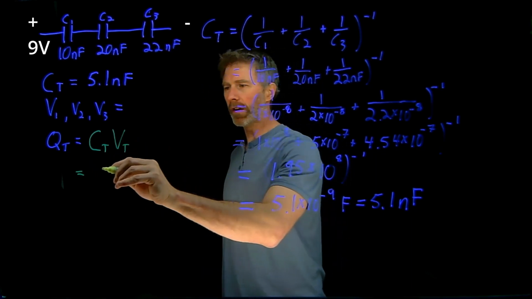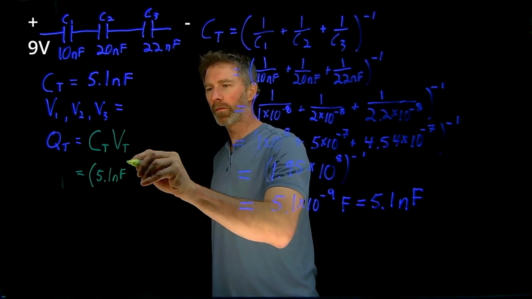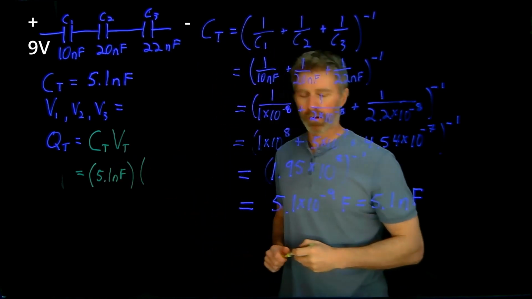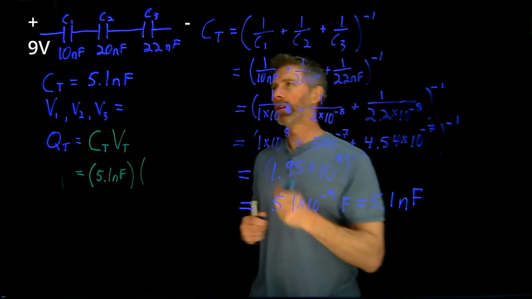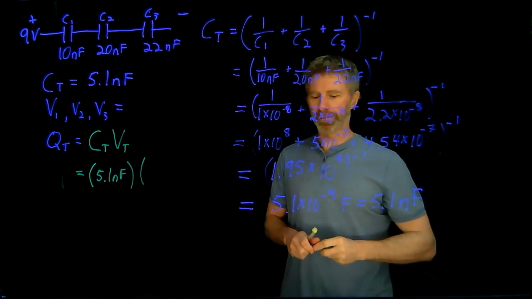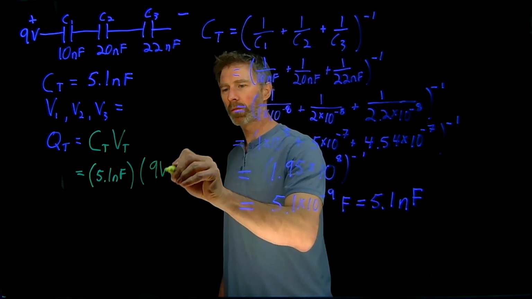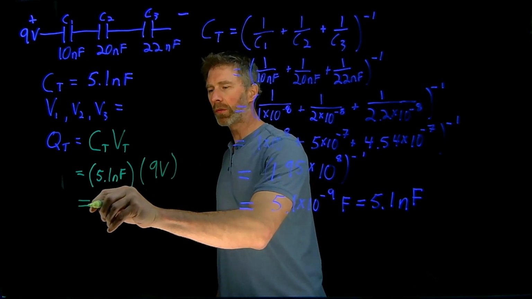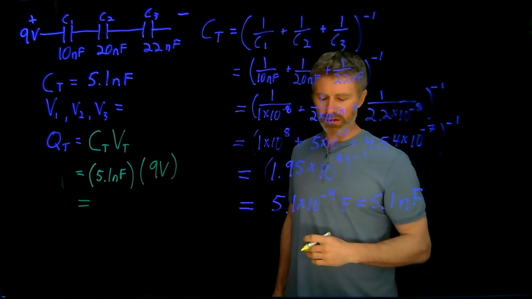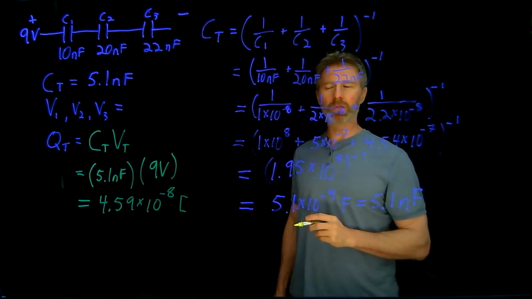So this is going to be my 5.1 nanofarads times, oh, I forgot to add one important thing, 9 volts across the whole circuit. So 5.1 nanofarads times 9 volts gives us a total charge stored in those capacitors, 4.59 times 10 to the minus 8 coulombs.